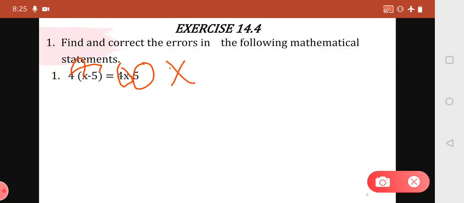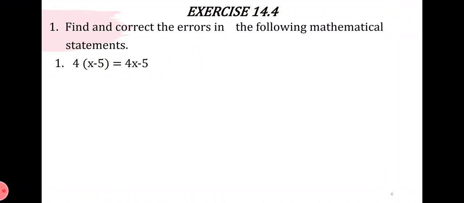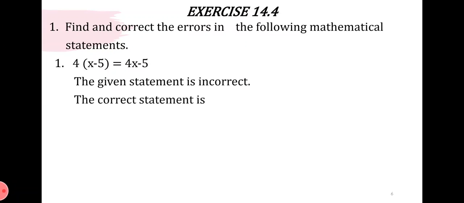So this is wrong. So the given statement is incorrect. The correct statement is 4 into x minus 5 equal to 4x minus 20. That is, 4 is multiplied by x and then 4 is multiplied by minus 5. So we get 4 into x minus 5 equal to 4x minus 20.